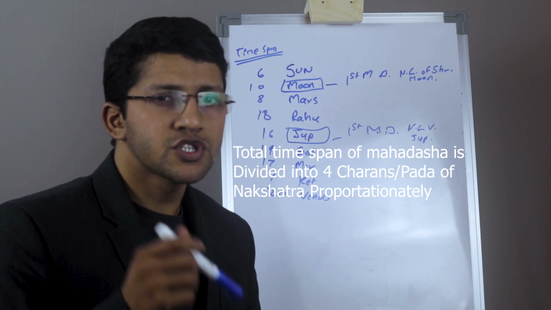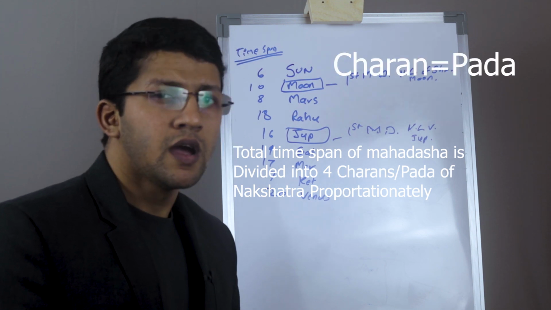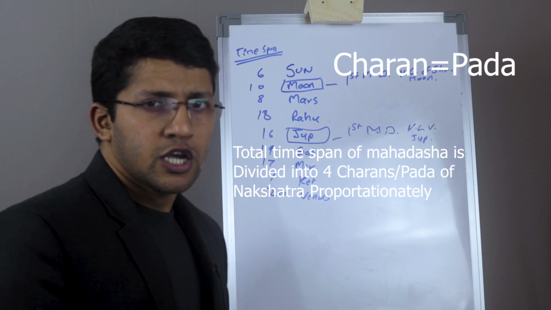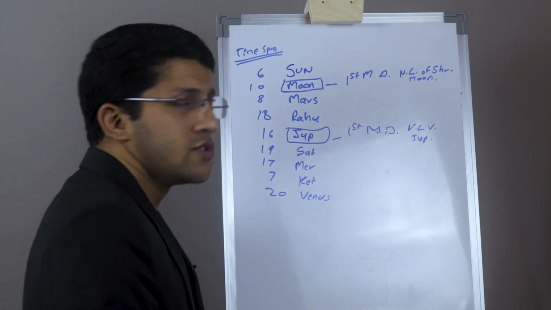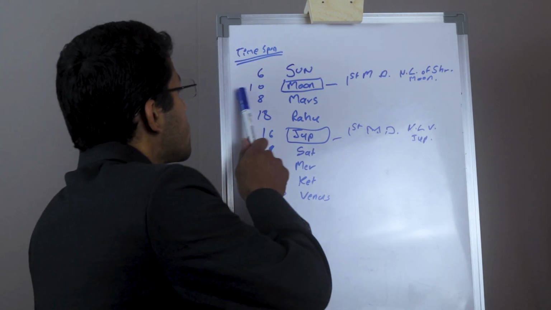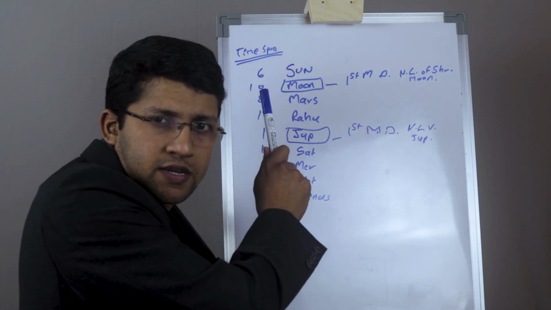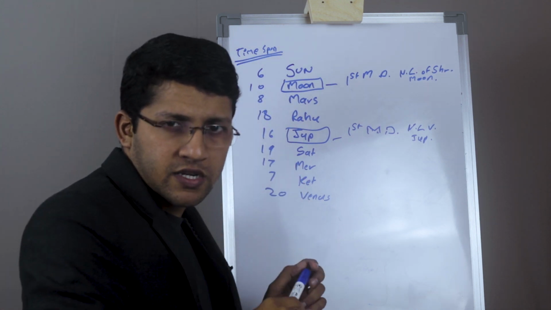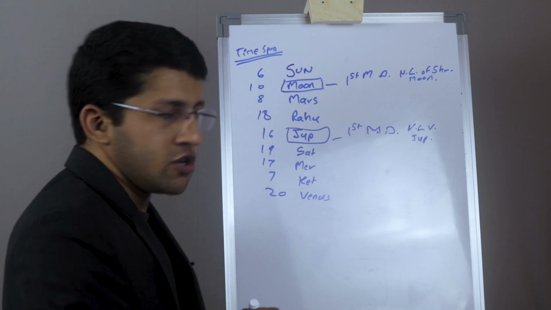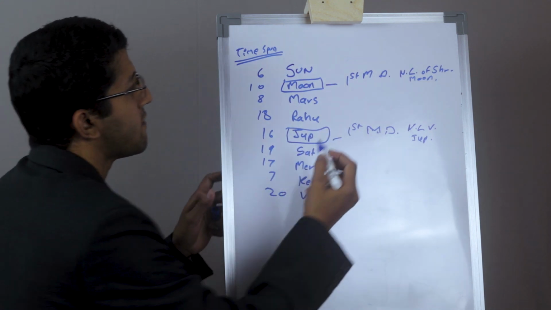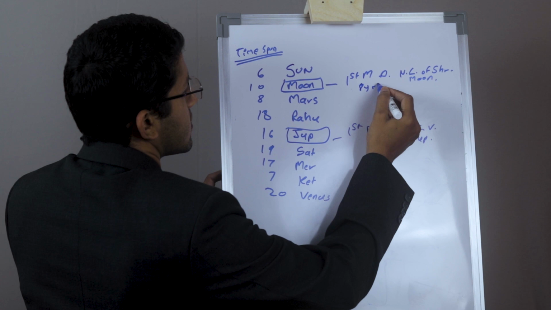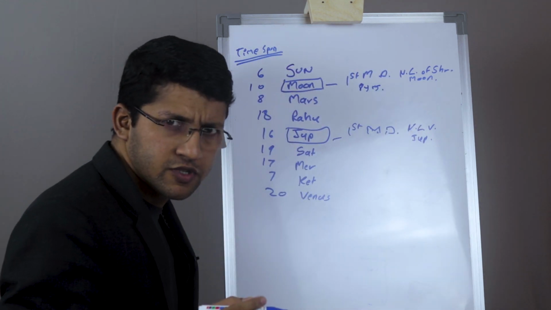Suppose you are born in Shravan nakshatra, in the first charan, you will have most of this 10 years as the balance of dashas. Okay, so you might have 8 years balance of Chandra Dasha.